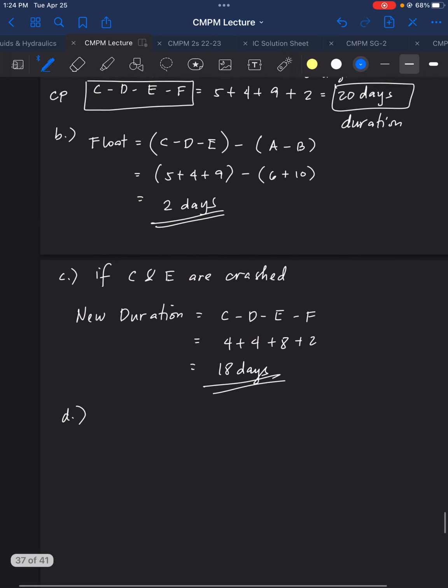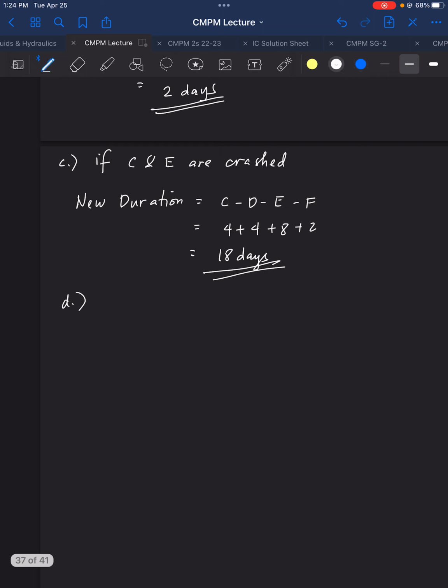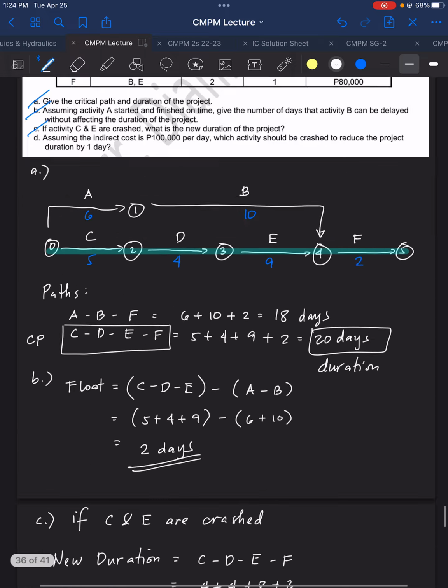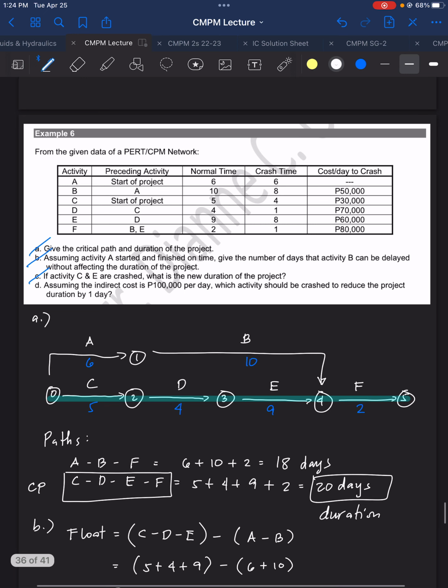So, we need to take note here that the activity to be crashed should be along the critical path. Okay? So, which is the most economical to crash here for 1 day? It's requiring only 1 day.